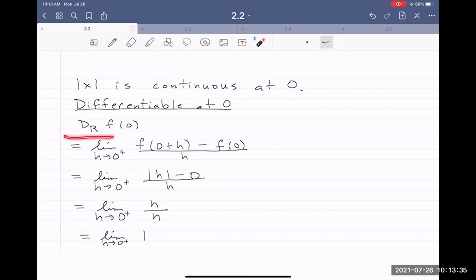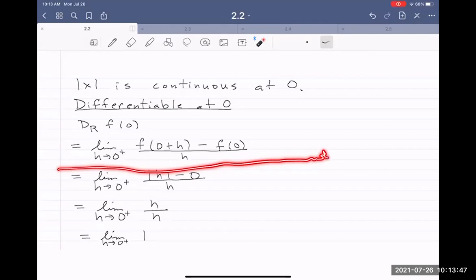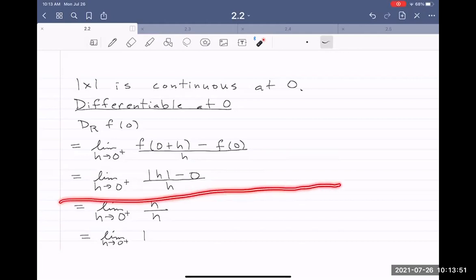The right sided derivative of f at 0 is equal to the right sided limit as h approaches 0 of f of 0 plus h minus f of 0, all divided by h. So this is equal to the right-sided limit of the absolute value of h minus the absolute value of 0, which is 0, over h.